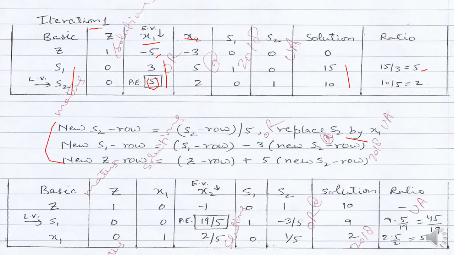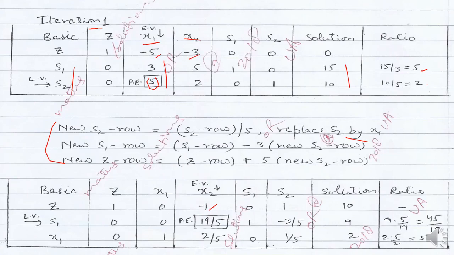Let's do one example for calculating the elements of this table. Let's see this −1. How did we get −1? This is the z row. The z row entry corresponding to x2 was earlier −3.